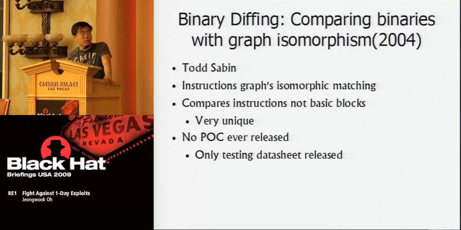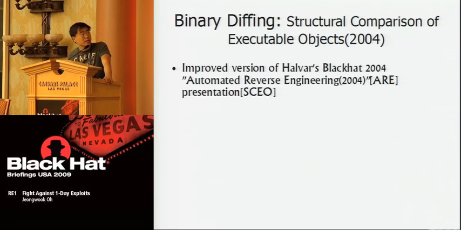That is very unique and maybe very effective. But no POC was ever released, only some testing charts, and that was all. After that, there was a more improved version of Halvar's talk, structural comparison of executable objects.